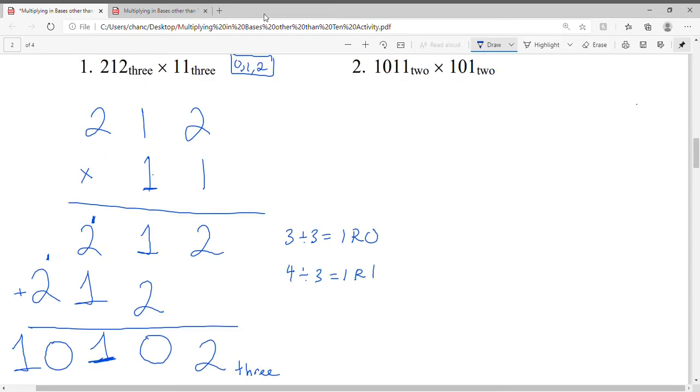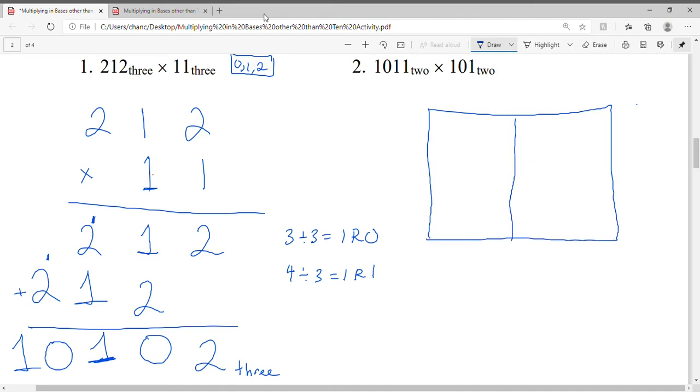Now let's look at question 2. Let's try a different method for this one. Let's use the lattice method for question 2. For this question, I'll need 4 columns. And I'll need 3 rows.